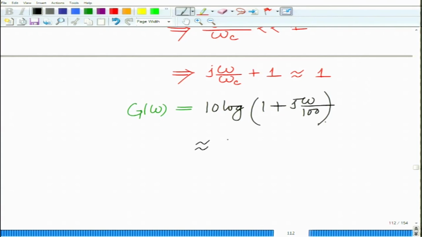This is approximately equal to 10 log to the base 10 of 1, which is equal to 0. So, G of omega for omega much less than the corner frequency, that is 100, is equal to 0.